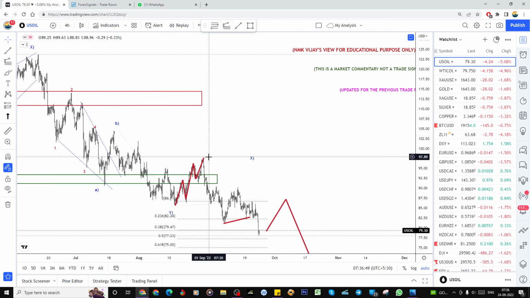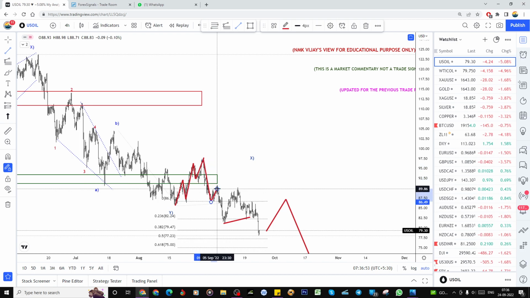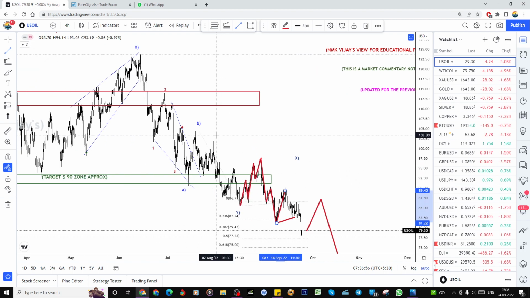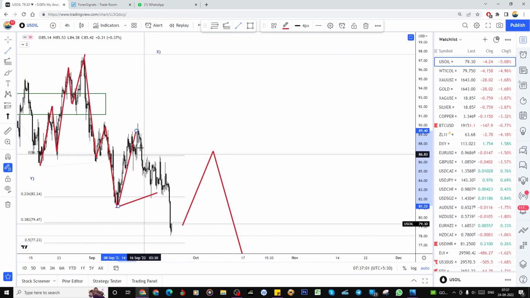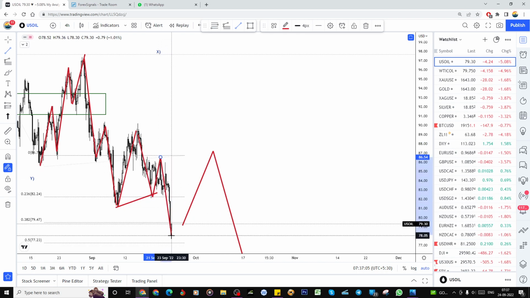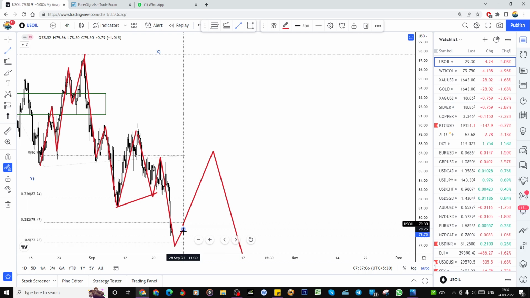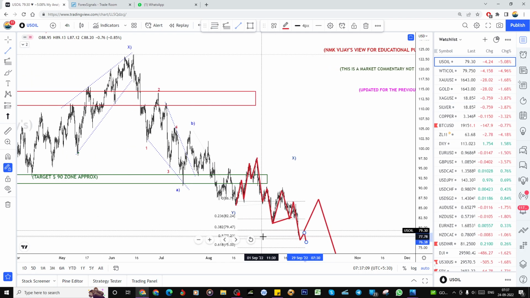If this is the five-wave structure, right, this is the one three-wave structure, why not this is also the end of the 4th wave? So what is meant by the 5th wave? So this is the wave 1, this is the wave 2, so we are in that 3rd, 4th and 5th.